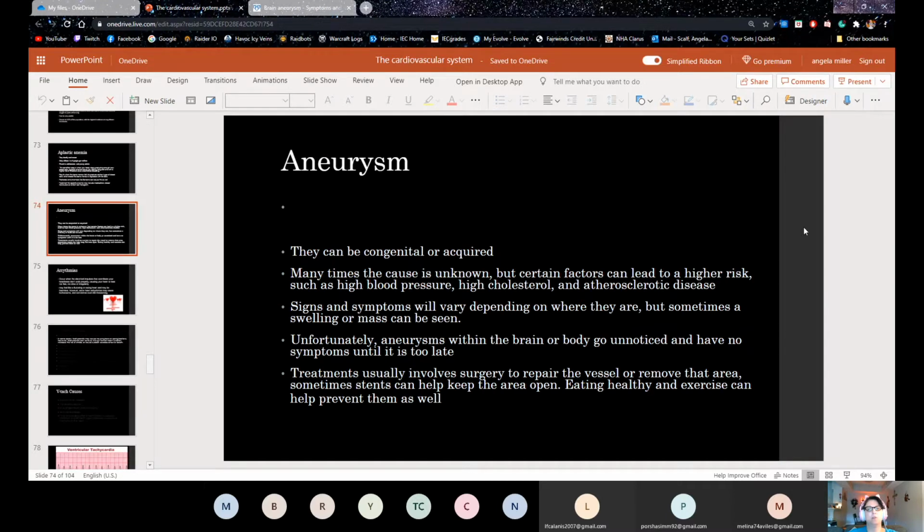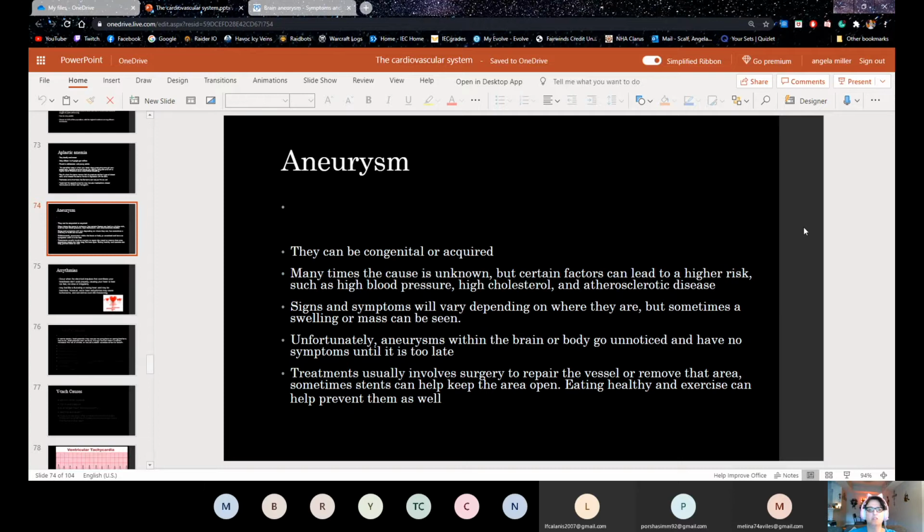But let's talk about the more common things. The common things are cholesterol, because we know what cholesterol does in our vessels. It makes them hard, less flexible, and rigid. So over time, that might weaken the vessel wall.